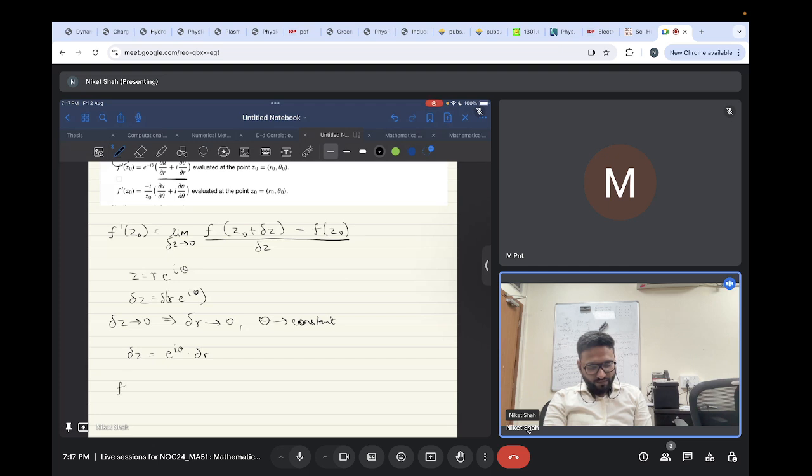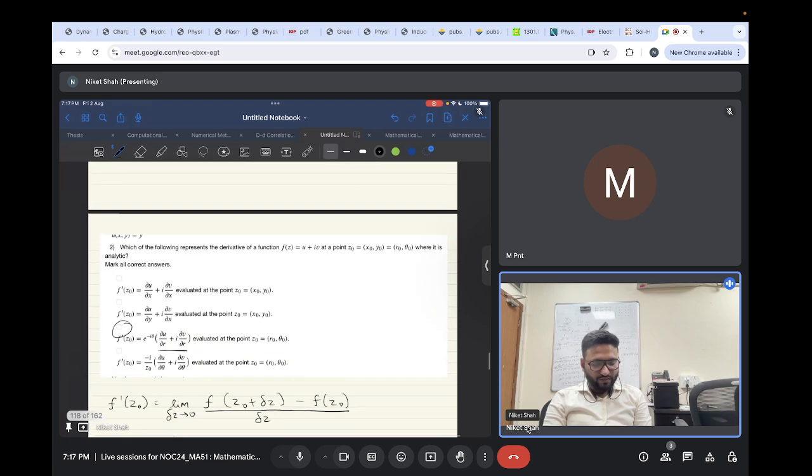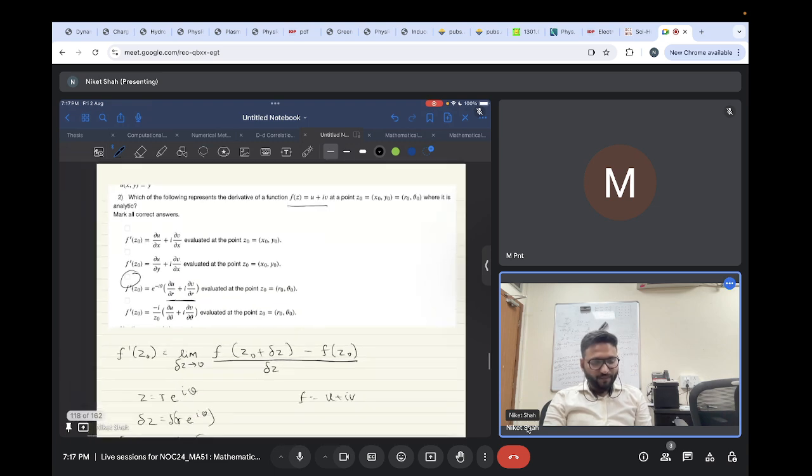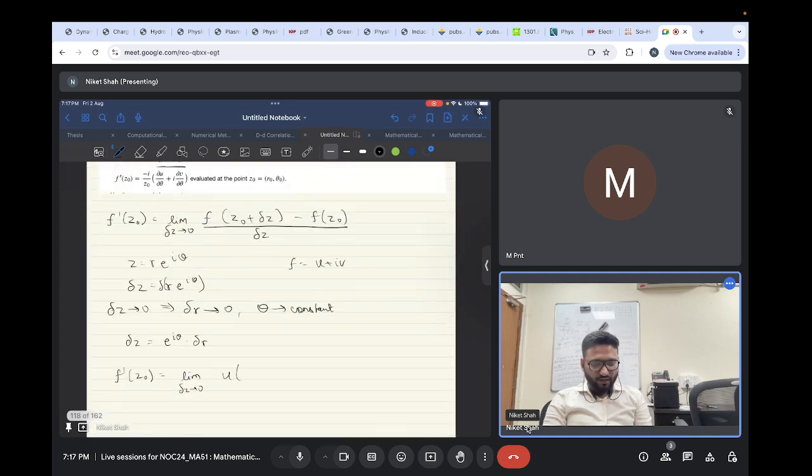So f prime of z0 is equal to the limit delta z tends to 0, and now I'm writing f in terms of u and v. f is simply u plus iv, right? It's already given in the question: f of z is equal to u plus iv, and this function is analytic. We have to assume that this function is analytic.